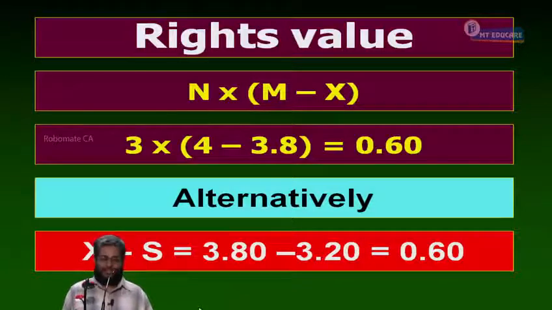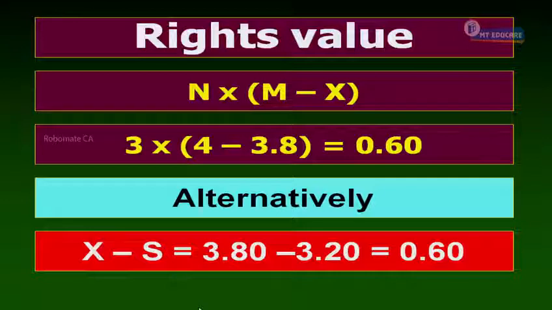Existing wealth is equal to, tell me what is the existing number of shares? 3 shares. Don't say 30 lakhs, it is only multiples. What is true for 3 shares will be true for 30 lakhs also. Existing wealth is equal to 3 shares into 4 rupees, is equal to rupees 12.